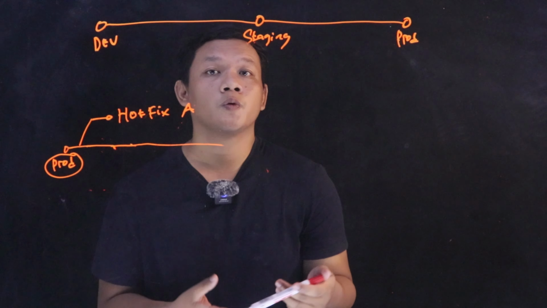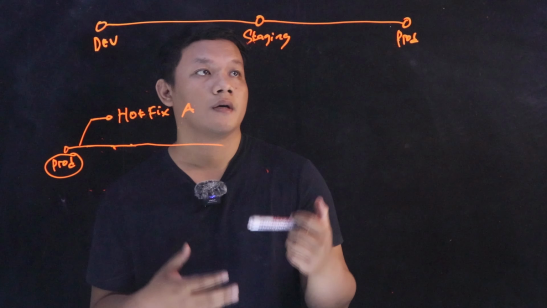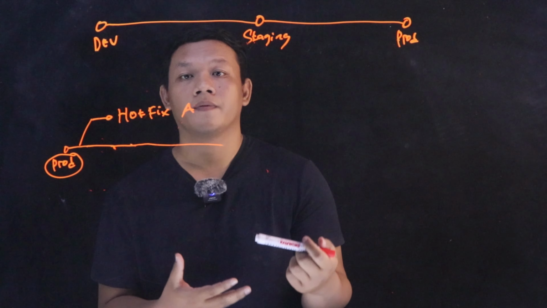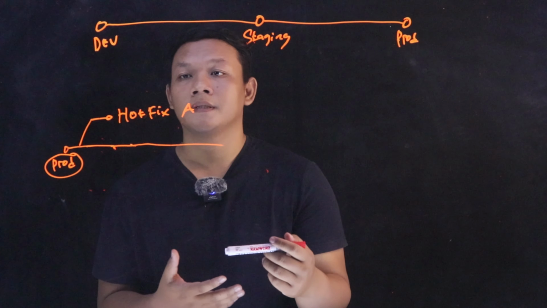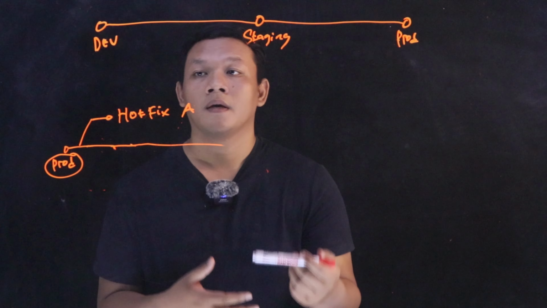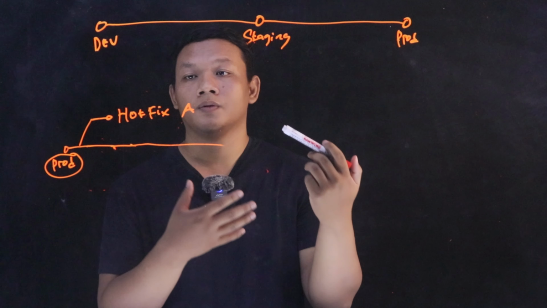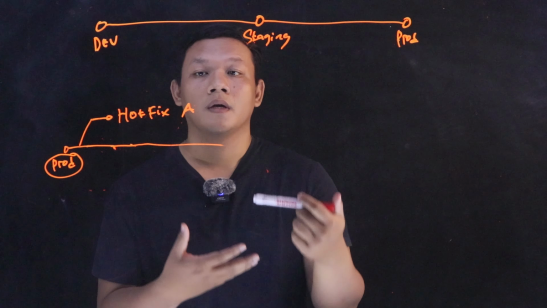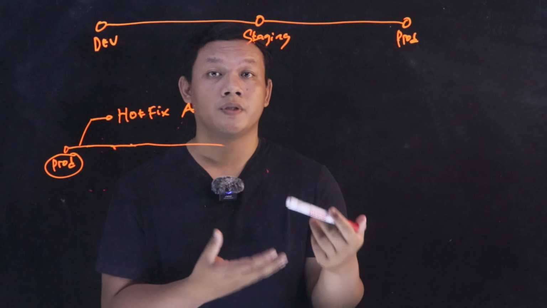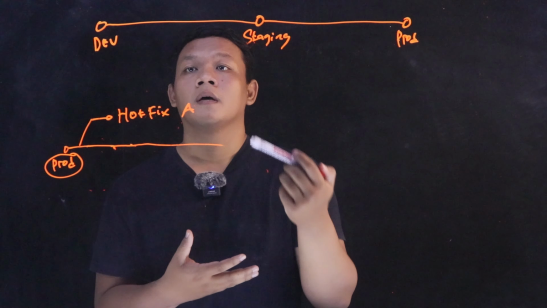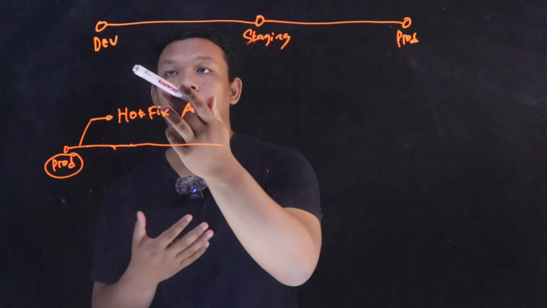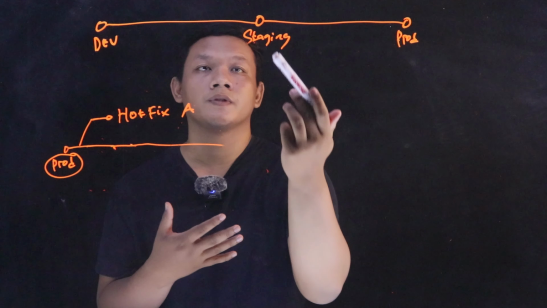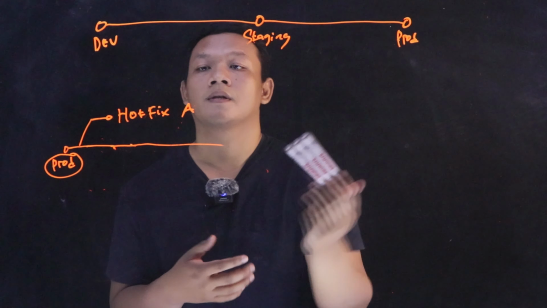Next is how do we manage hotfix inside our Gitflow development. Hotfix is a little bit different when it comes to managing it inside our Gitflow. With normal feature development, normally you will merge it first to dev. When it's verified by QA, you move it to staging and so on to production.